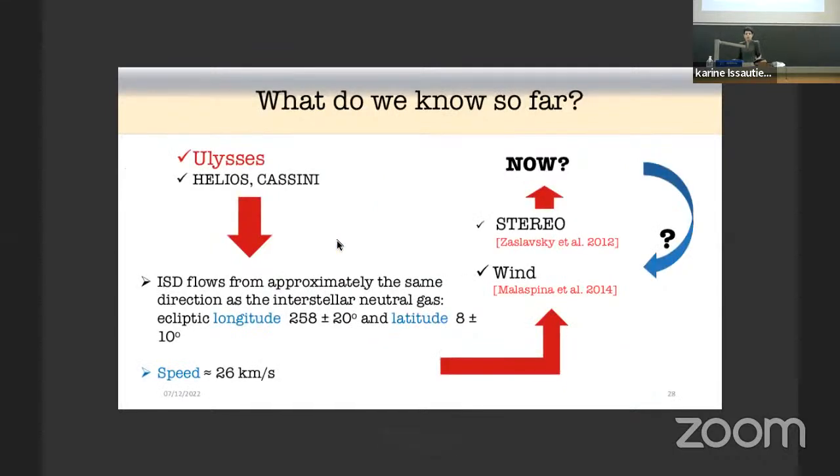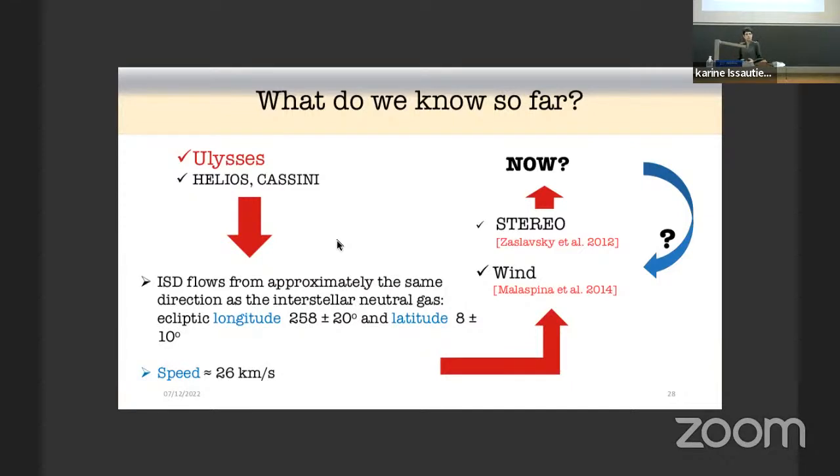And okay, what we know about interstellar dust so far is that we are sure that in the solar system there is some interstellar dust flow. It was measured by Ulysses, and after that also by Helios and Cassini. The information that we have about the interstellar dust flow is its ecliptic longitude and latitude, and we also know that it's entering the solar system with a speed of 26 kilometers per second.